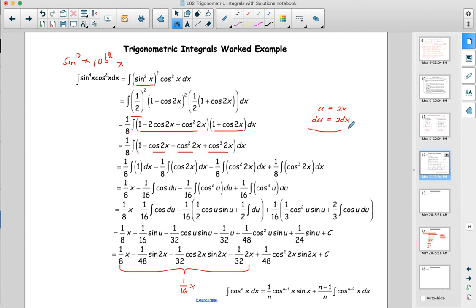And then I made this substitution. Replace u with 2x, and then du is equal to 2 dx, just to make taking antiderivatives easier. Obviously, I didn't do it in this case here because it's simple to go back on 1. That's an algebraic function. The antiderivative of 1 would be x, so that became 1/8 x. But now I'm making this substitution, and remember du over 2 is going to be dx.